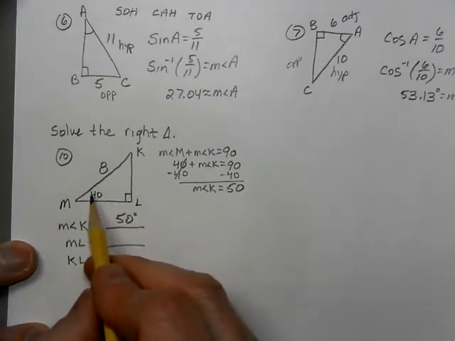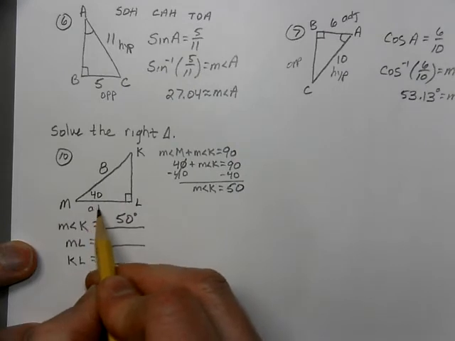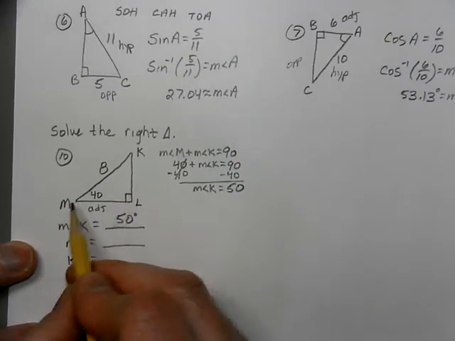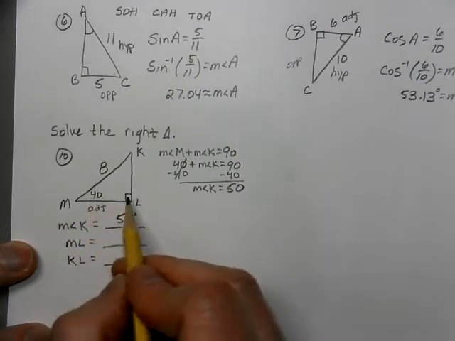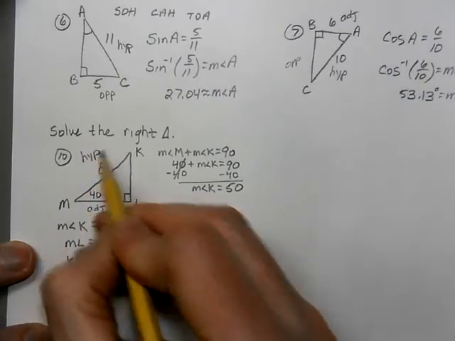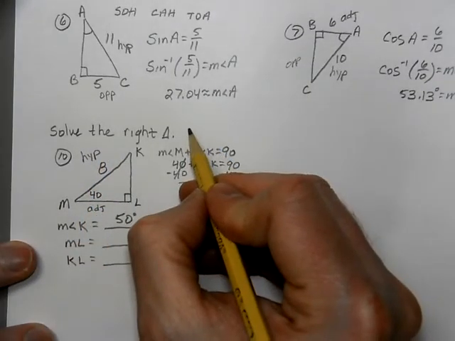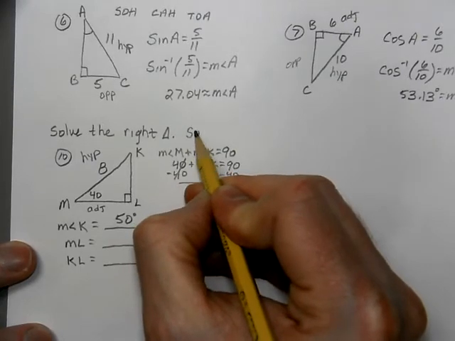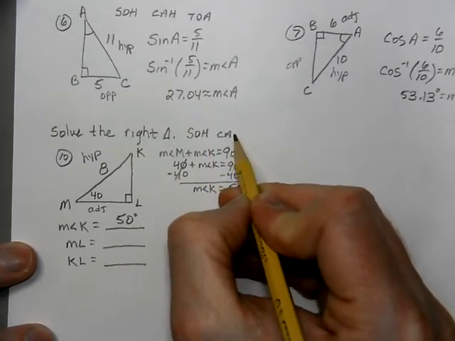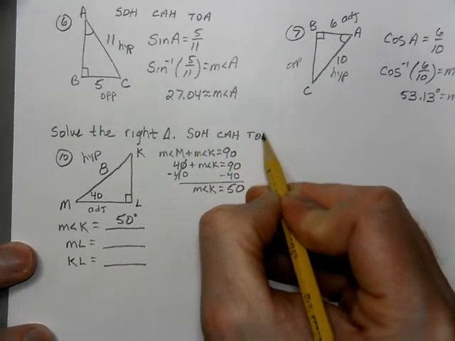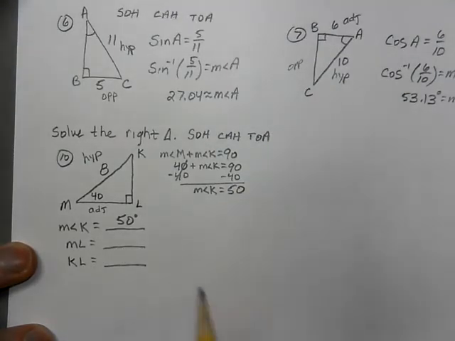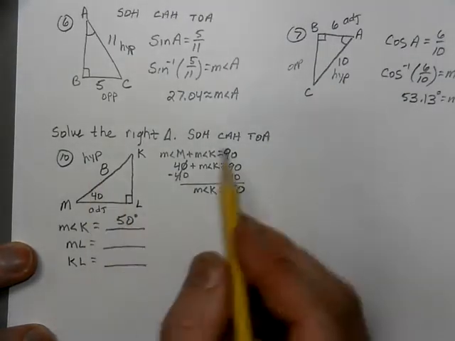ML is the adjacent side to the 40, and the 8 is the hypotenuse. So using the idea of SOHCAHTOA, we're going to get the adjacent over hypotenuse.